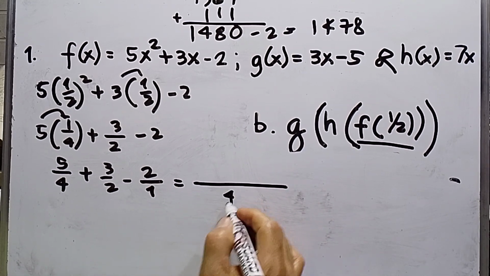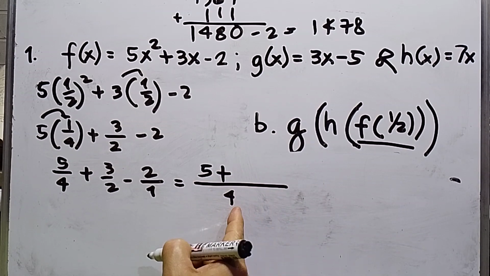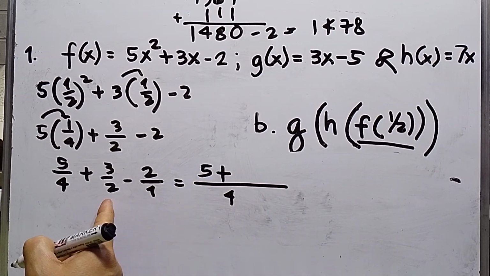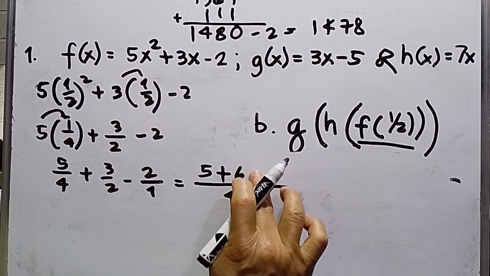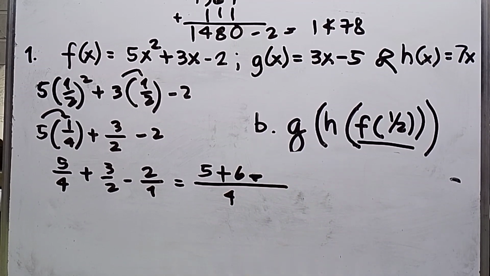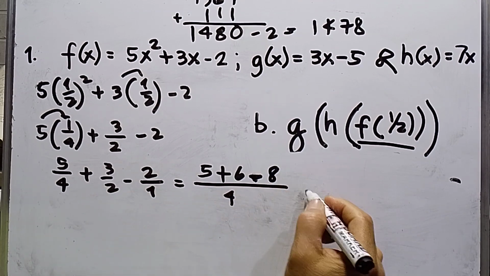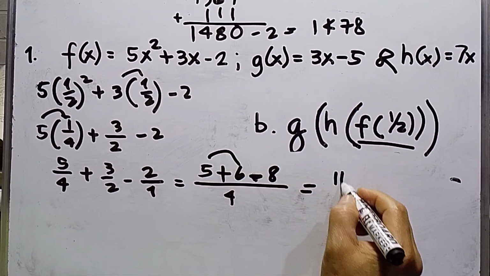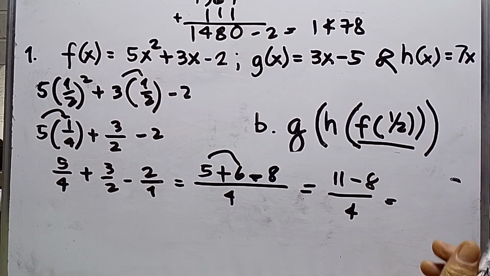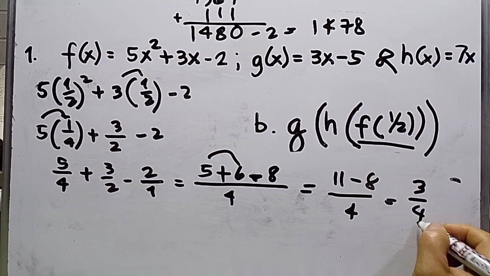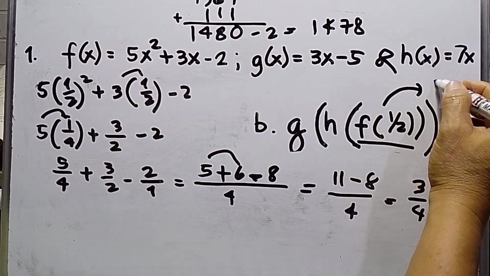The LCD will be 4. 4 divided by 4 is 1 times 5 is 5. Plus 4 divided by 2 is 2 times 3 is 6. So this is minus 4 divided by 1 is 4 times 2 is 8. So this will be 11 over 4, take away 8 over 4. So this one is 3 over 4.